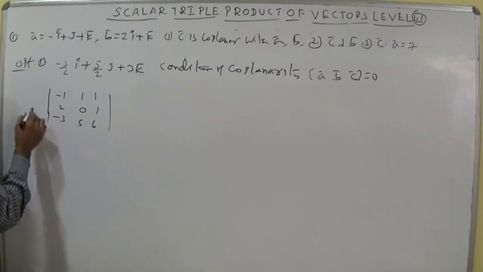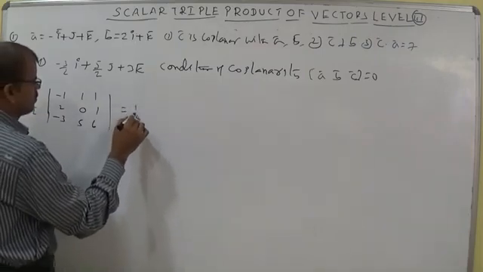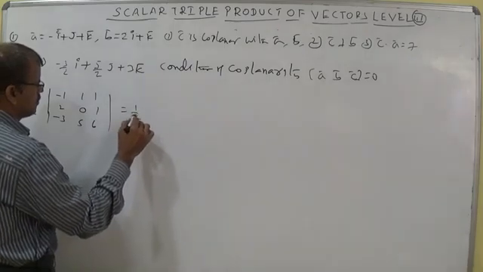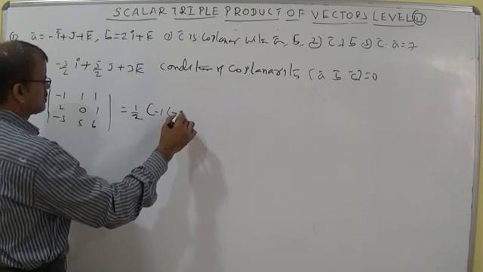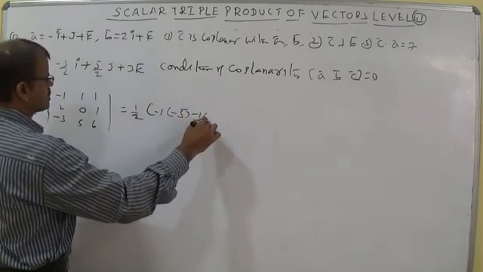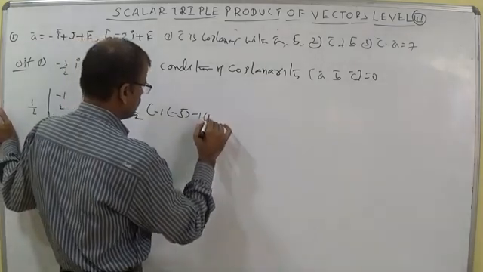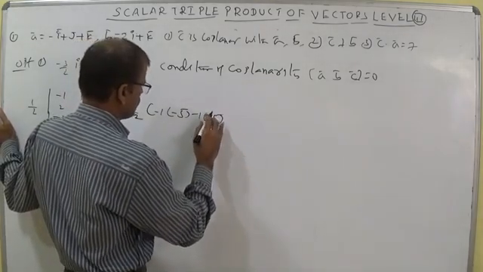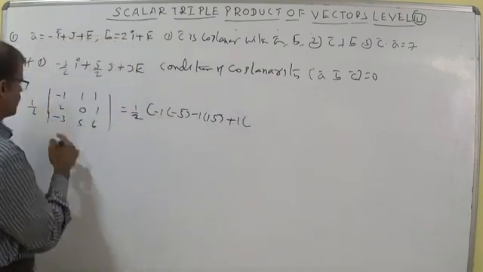Taking 1 by 2 common, that is equal to 1 by 2 into minus 1 into minus 5, minus 1 into 12 plus 3, which is 15, plus 1 into 10.